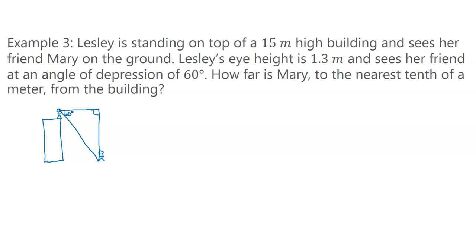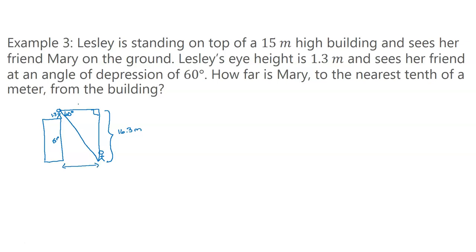Now we know that the building is 15 meters high and her eyes are 1.3 meters high. So for this side here in the triangle, I'm going to add 15 and 1.3 for a total of 16.3 meters. So now we're looking to see how far Mary is from the building.